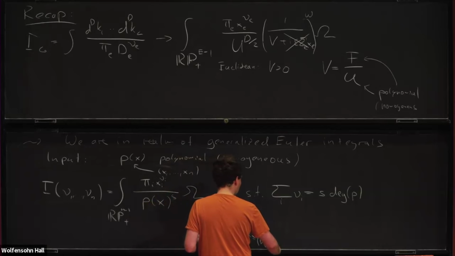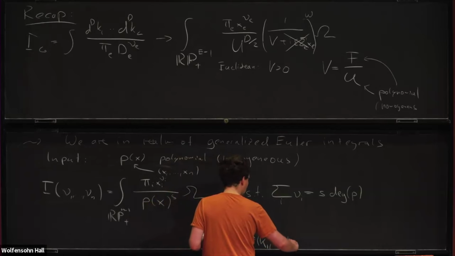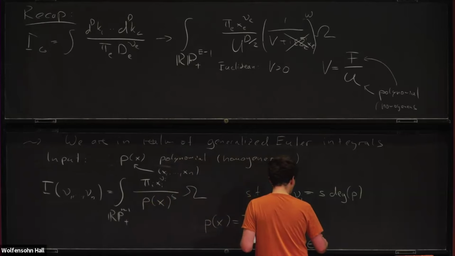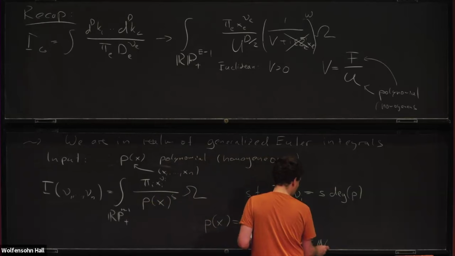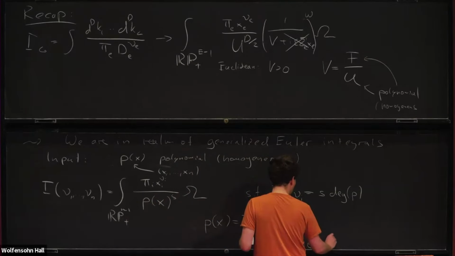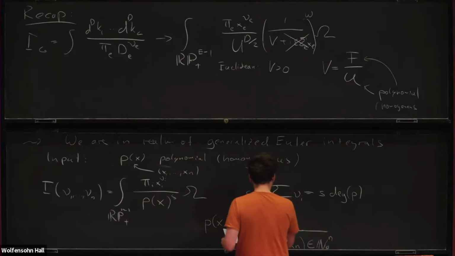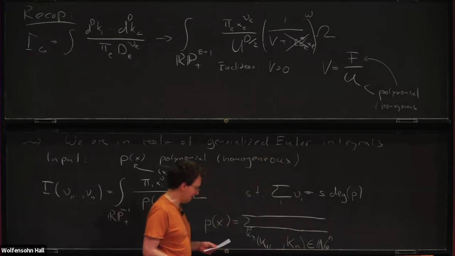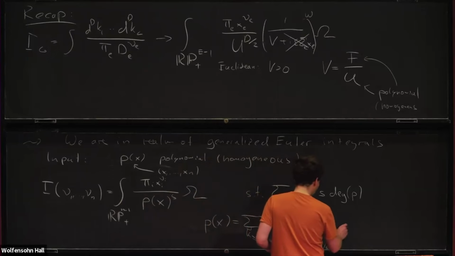This k is some tuple of indices in the non-negative integers, and it's a long summation.